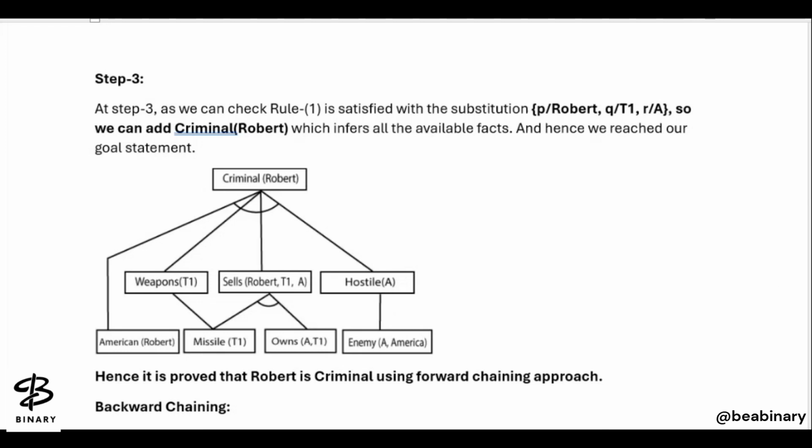Another difference is that forward chaining tests all the available rules, but backward chaining only tests the few required rules that can prove or support a goal.